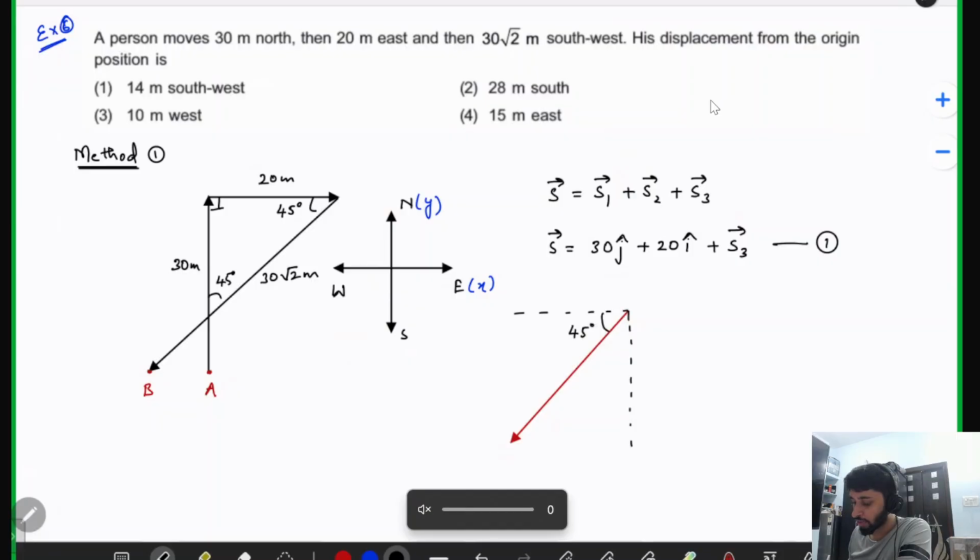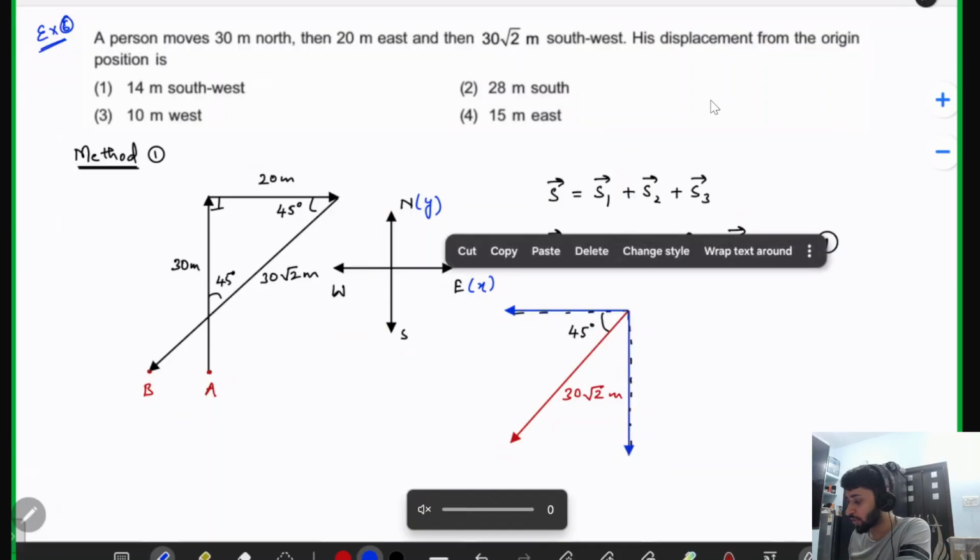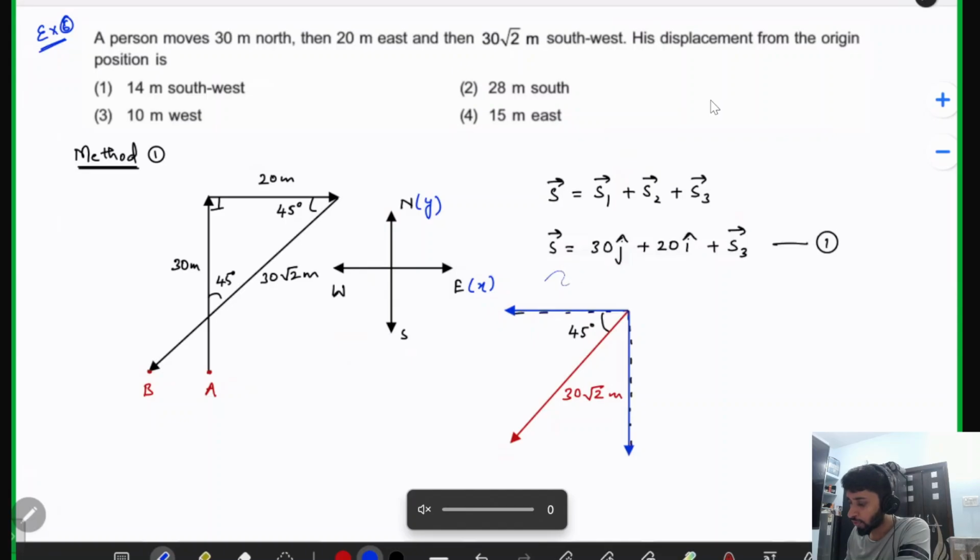So the length of this vector is 30 root 2 meter, right? What is going to happen now is that it will have two components. One component will be towards left like this, and one component will be in vertically downward direction like this. Okay, so this length will be 30 root 2 cos 45 degree. Cos 45 degree is 1 by root 2.